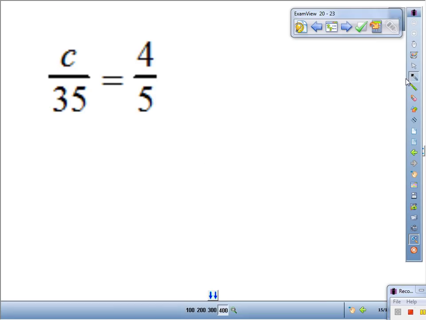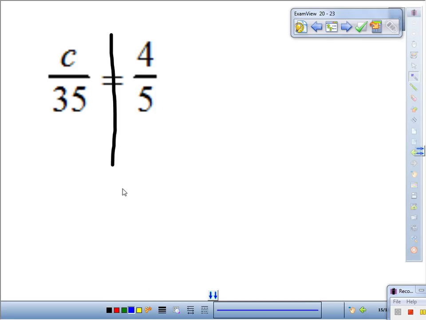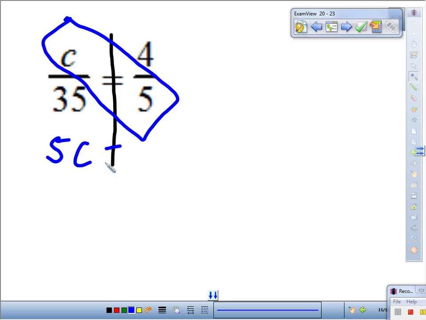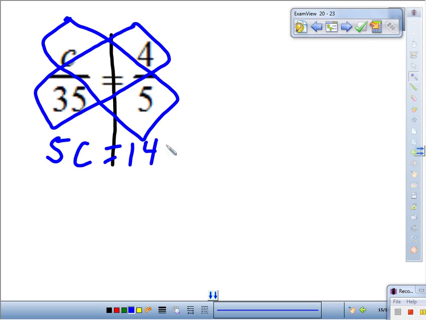Number 20. Line down the equal sign. What do we have here? A proportion. And how do we do these? Cross multiply. Start with a variable. C times 5, that's 5C, equals 35 times 4, that's 140. And let's solve. Divide by 5, divide by 5.